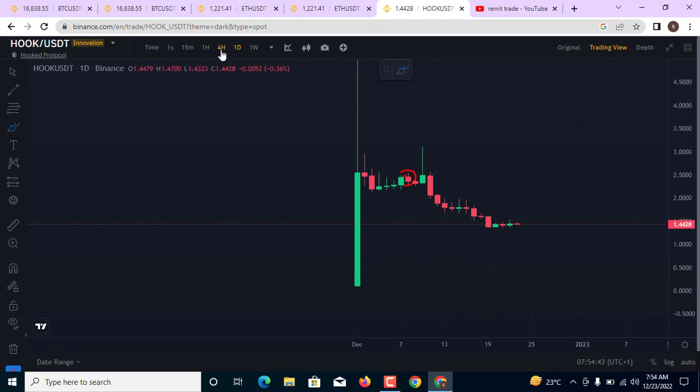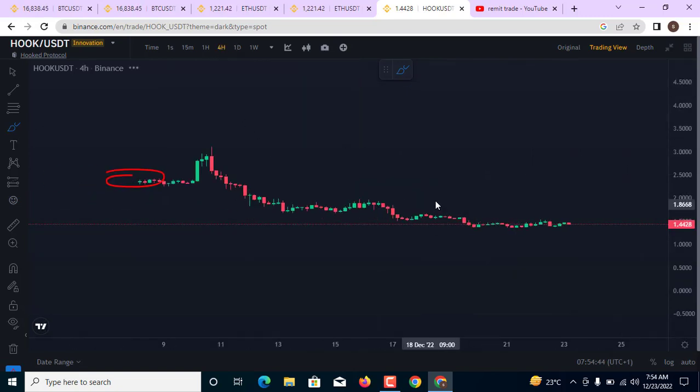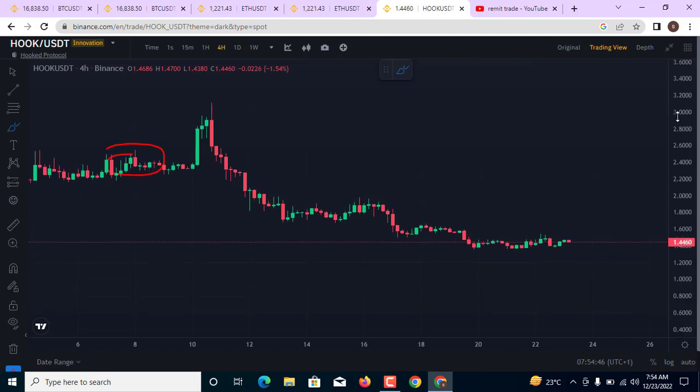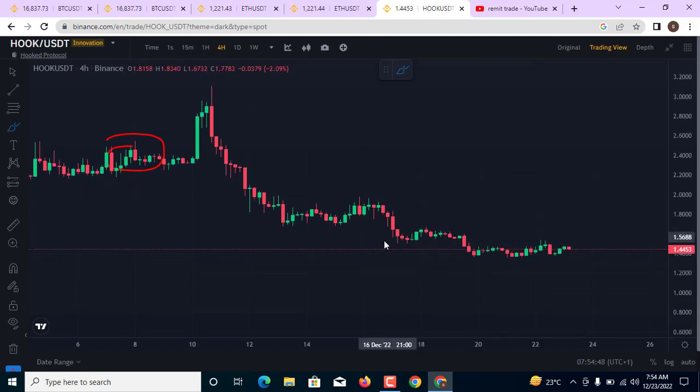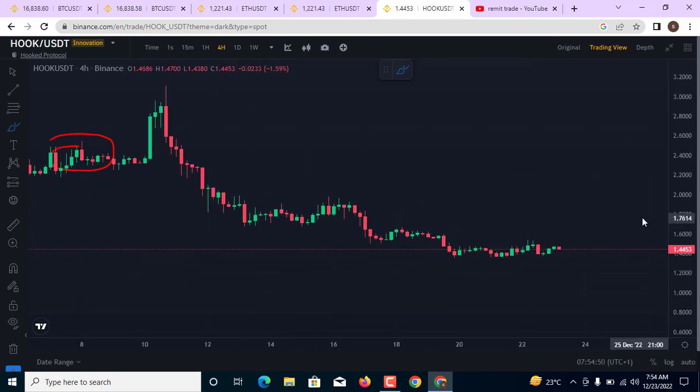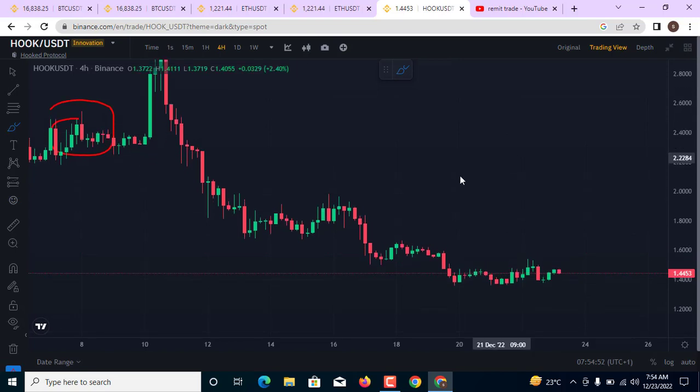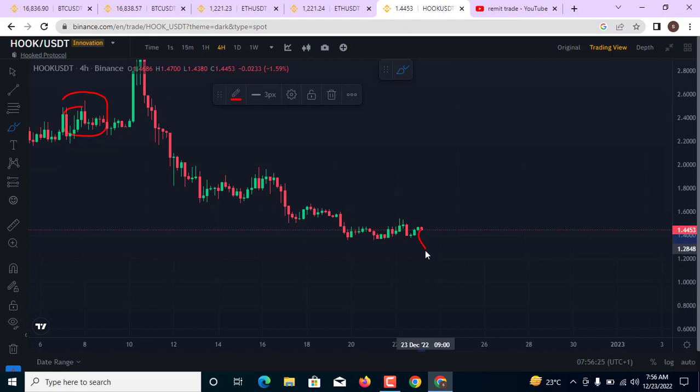So what I am expecting on WOOC right now is the market to still go further to the downside with the way the price action is right now. There is no strength on the chart signifying that the market is going to go up. So a slight move from here to the downside to this area of $1.2 is very important. Then from here, you expect a significant move to the upside on WOOC token. This is what I am paying attention to right now.